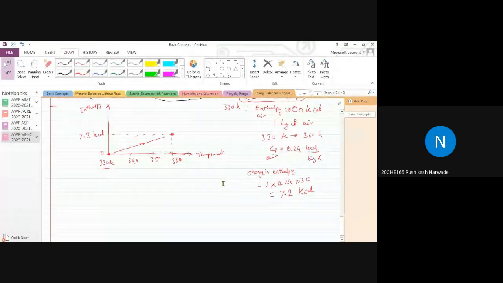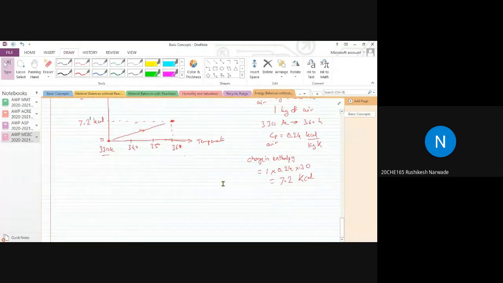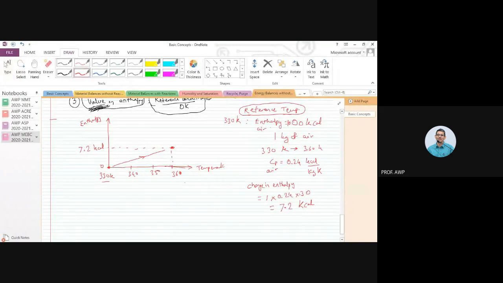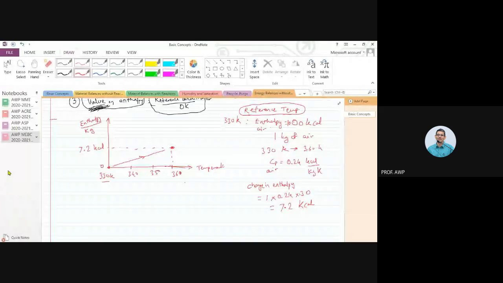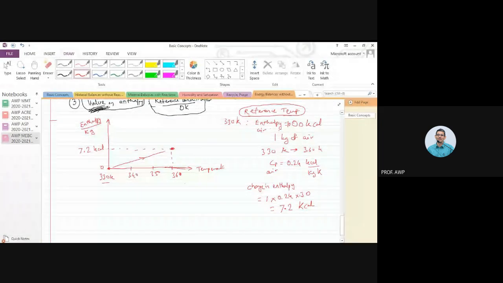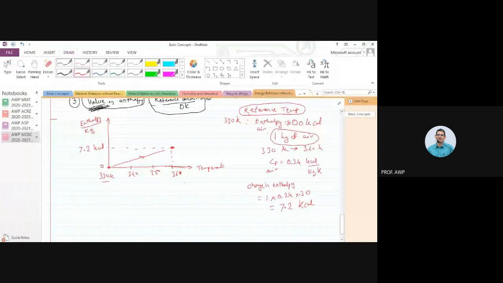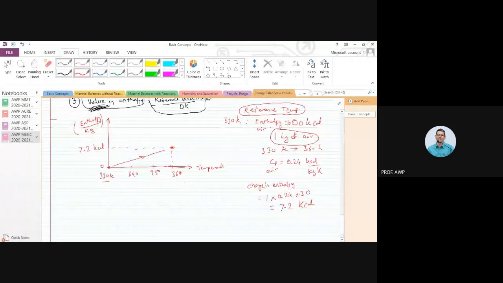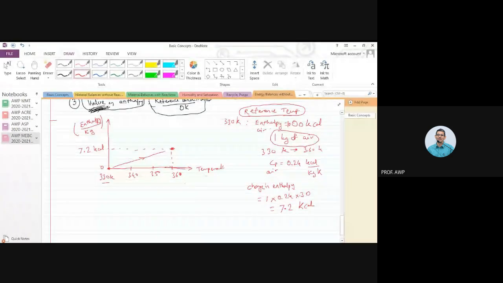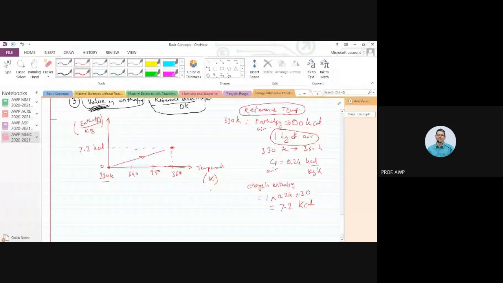So if I'm plotting this graph in terms of enthalpy per unit mass, I have taken a basis of 1 kg of air. So rather than plotting enthalpy, I can plot enthalpy per unit mass versus temperature in Kelvin.